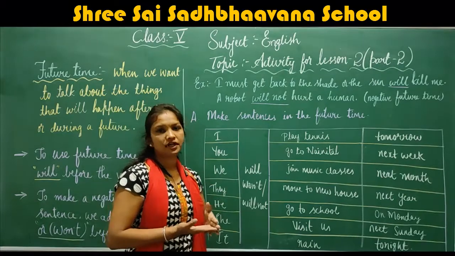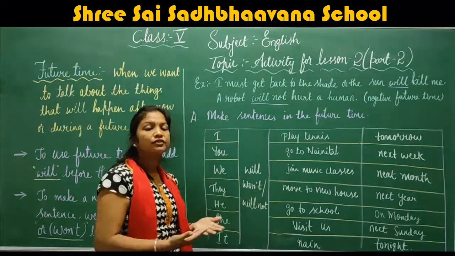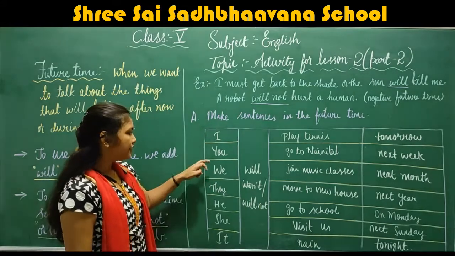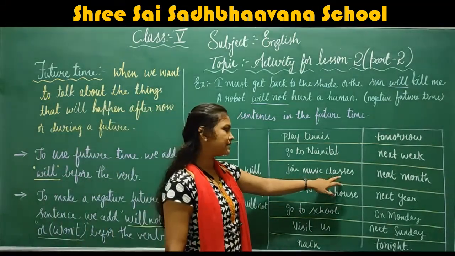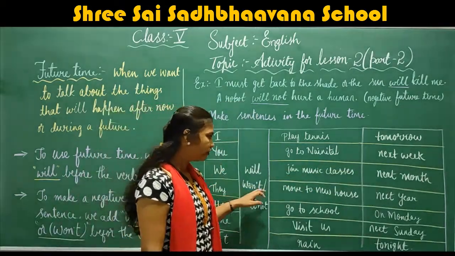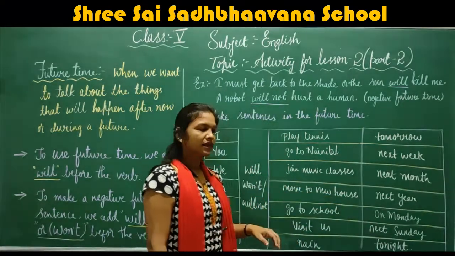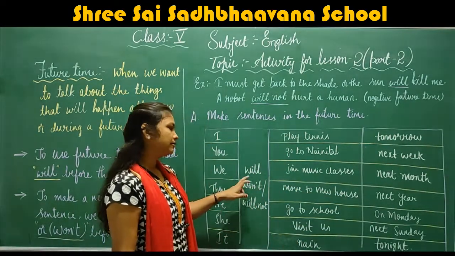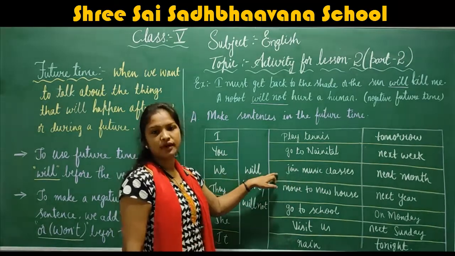Now, negative future time. How can we frame these examples into a negative future time? So here, for example, I won't join music classes next week. Or I won't move to a new house on Monday. Here we have used won't before the verb move or join.